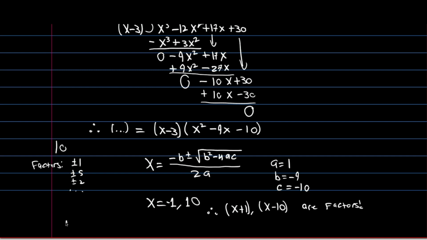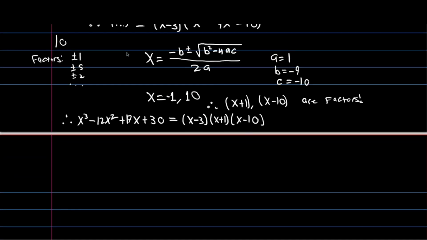So therefore, I'm running out of room at the bottom here, we can say that x cubed minus 12x squared plus 17x plus 30 is equal to x minus 3 times x plus 1 times x minus 10. And these are the factors. These are the three roots of this polynomial.